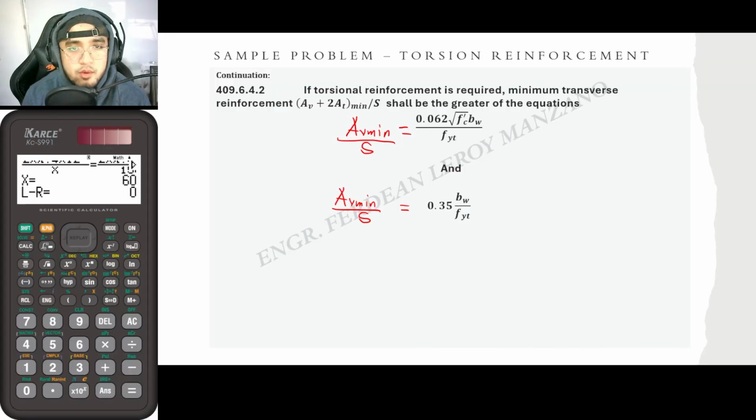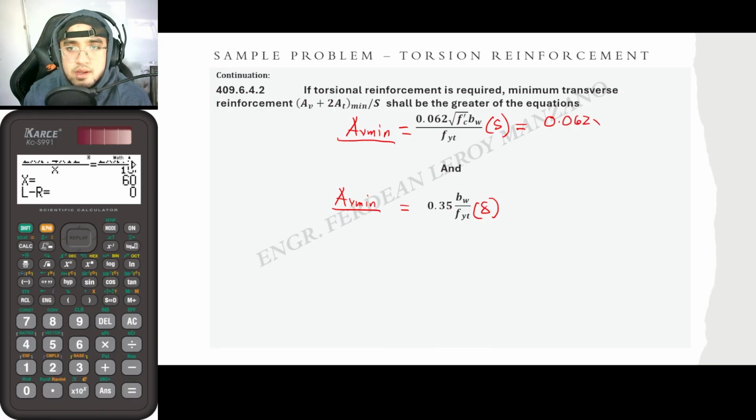Since we would be solving for AV min, let us just cross multiply this and put spacing to the other side. So what I mean here is that let us now include S on the right side of the equation by cross multiplication.